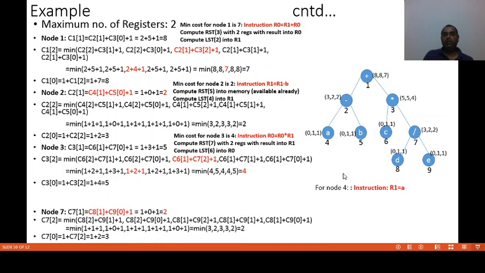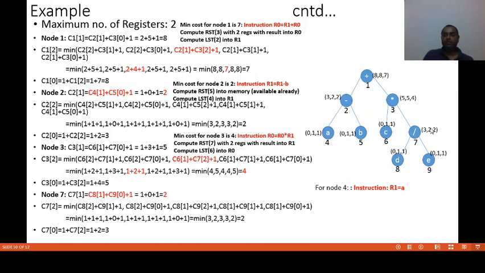And for node 7, here the minimum value is 322. So I am getting 2 minimum values, 2 and 2. Which one am I selecting? For register 1, this one. So node 7 will be computed when I compute node 8 by 1 register and node 9 by 0 registers.